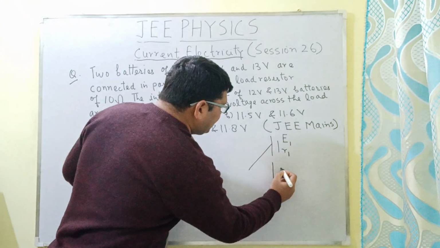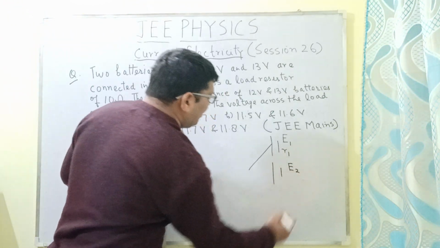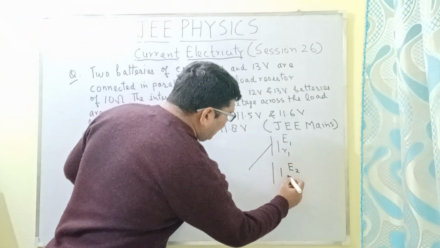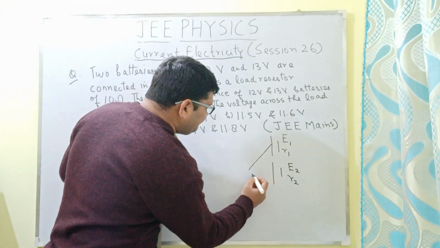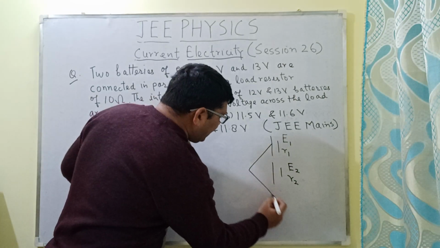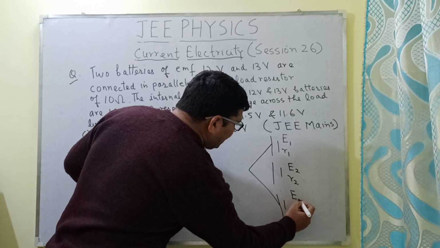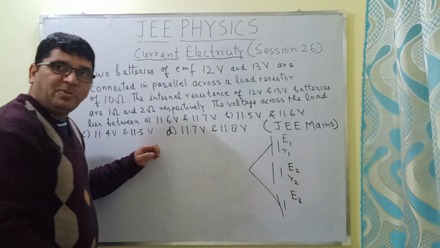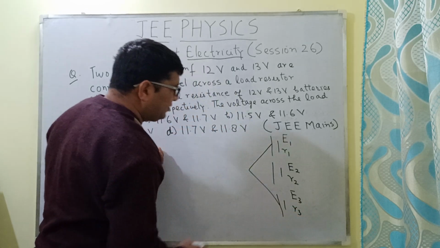And let us consider there is another cell of EMF value E2 and having an internal resistance of R2. Now let us consider another cell E3, a cell having an EMF value of E3 and an internal resistance of R3.